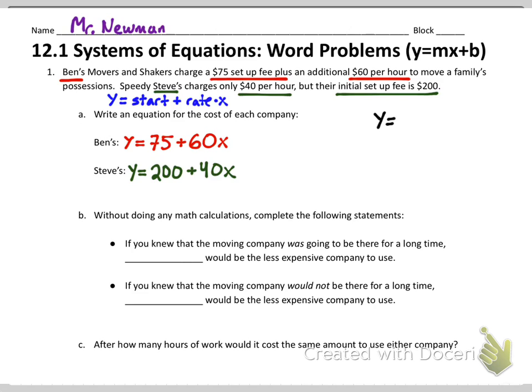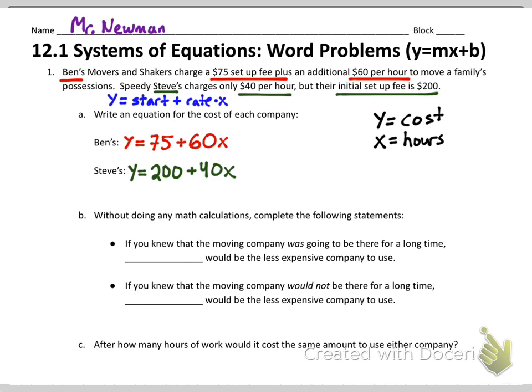Now, a few comments. First off, we should define our variables over here. This works a little bit differently than the other kinds of problems because y here could be Ben's or Steve's y, and that just means cost. So it's kind of more generic, but the first y is Ben's cost, and the second y is Steve's cost. So we're just going to use y equals the cost.